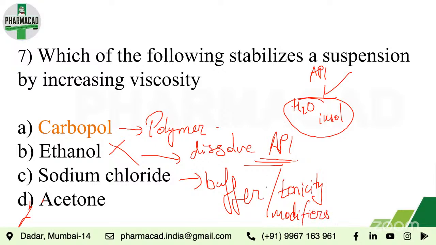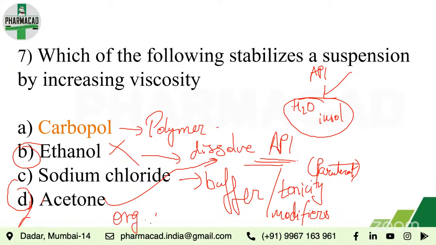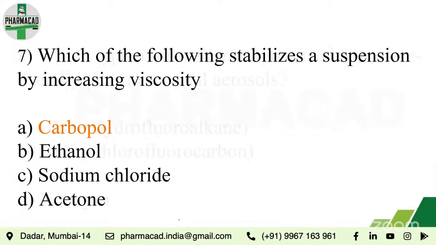Parenterals mein you need tonicity modifier, correct? Yes. Okay. Acetone might also lead to dissolution of your API, since ethanol and acetone both are organic solvents. ठीक है? So this can be the issue. So the correct answer is carbopol. Everybody clear with this? Yes, ma'am. Next.